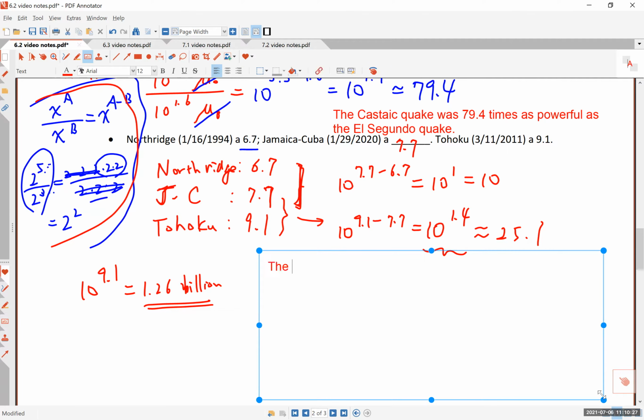All right, so let's write down what we just found when you compared these three earthquakes. We're going to do so using English sentences. The Jamaica-Cuba earthquake was 10 times as powerful as the Northridge quake. Now, that doesn't mean that the Northridge earthquake was a minor one, especially given that this happened right in the city of Los Angeles, in the Northridge area.